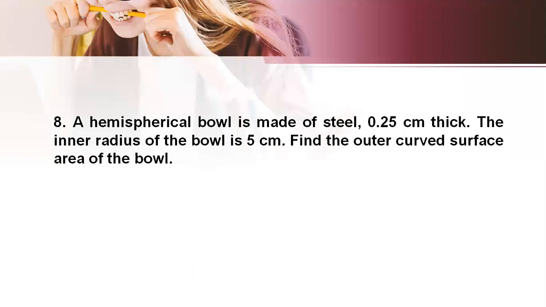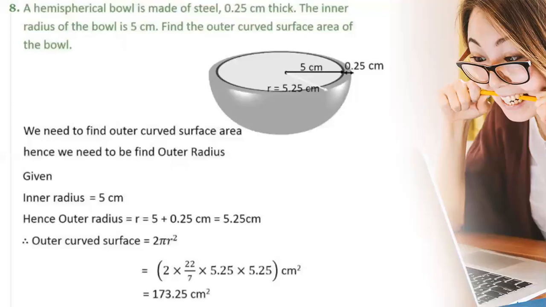Now let us see problem 8. A hemispherical bowl is made of steel 0.25 centimeters thick. The inner radius of the bowl is 5 centimeters and we need to find the outer curved surface area of the bowl.